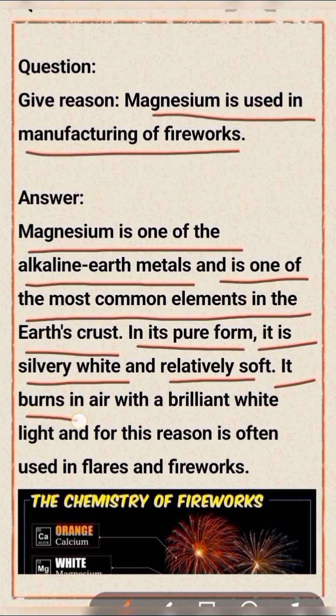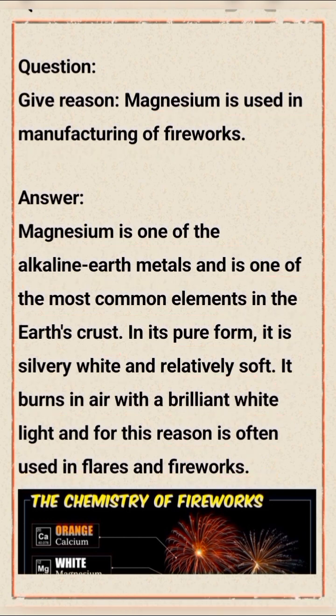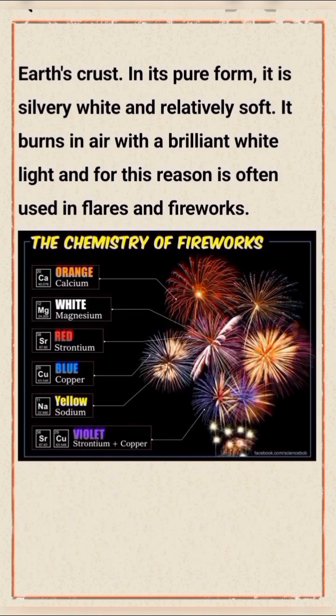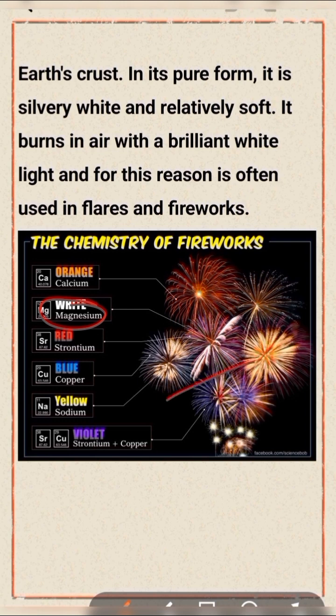It burns in air with a brilliant white light, and for this reason is often used in flares and fireworks. Show the picture. Explain this question, that is white color.